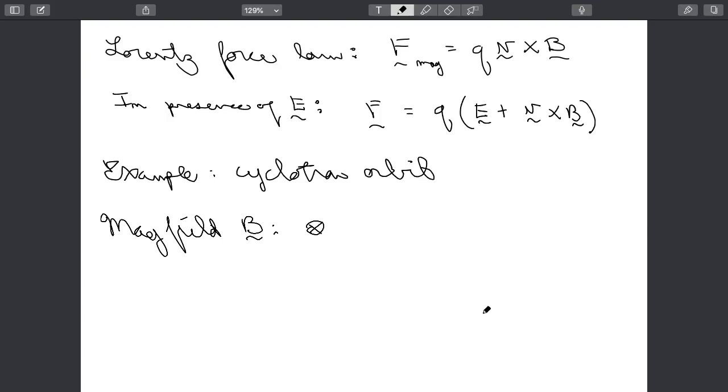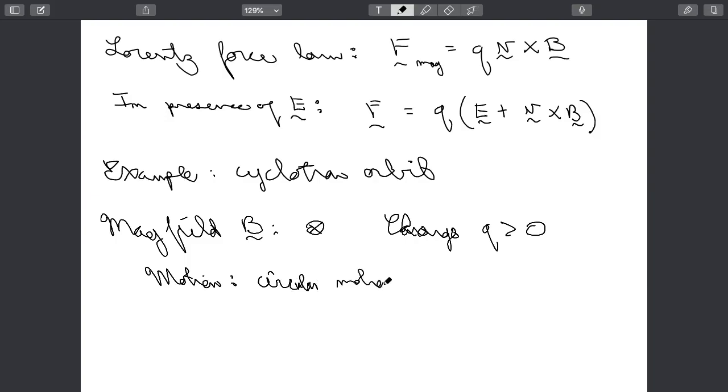So if I've got a magnetic field pointing into the page like this, I've got a charge q greater than 0. The amplitude of the field is just B. So the idea is that the motion is a circular motion, where the magnetic force cancels the centrifugal force.